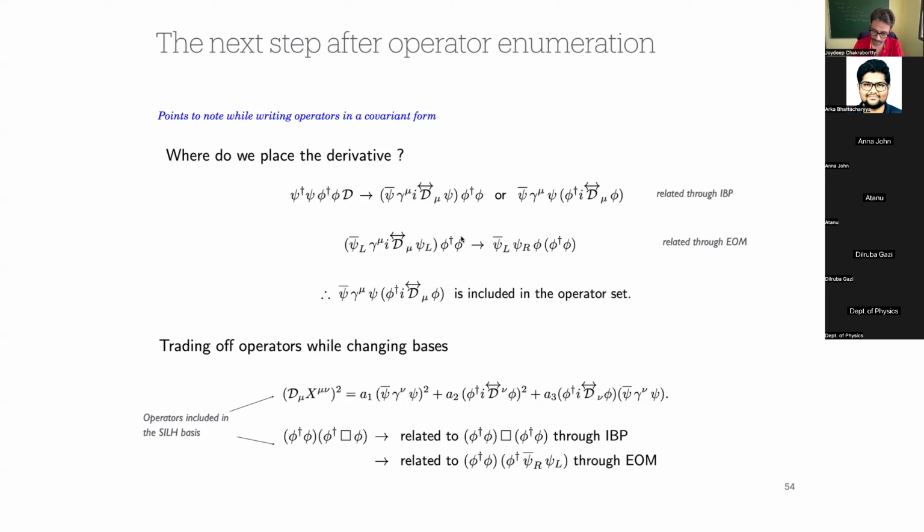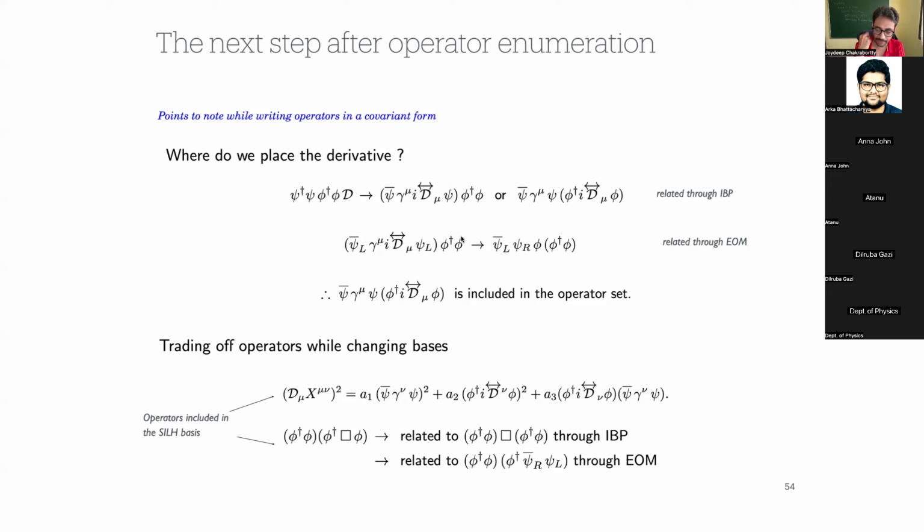And just to confirm, if you are writing operators up to a certain dimension, say we are interested in writing down all the effective operators up to dimension 6, then the equation of motion, as you said, will be taken up to dimension 5, right?